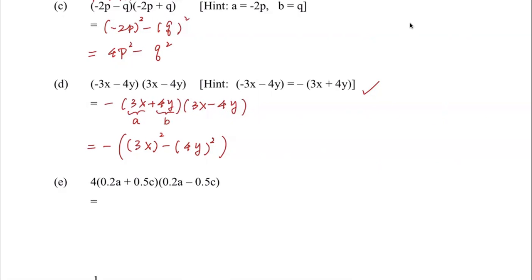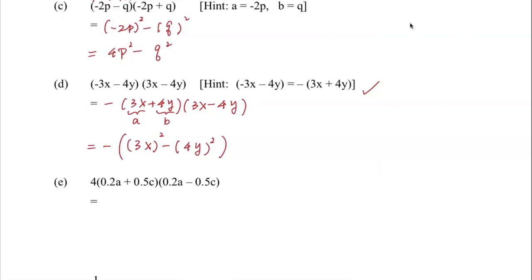But if you have a minus sign before a minus sign or a plus sign in the brackets, then you have to put brackets here. Otherwise, if you don't put brackets here, then the result will be wrong.